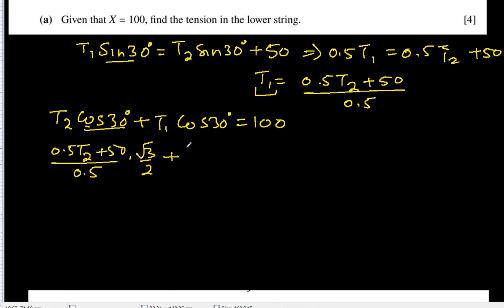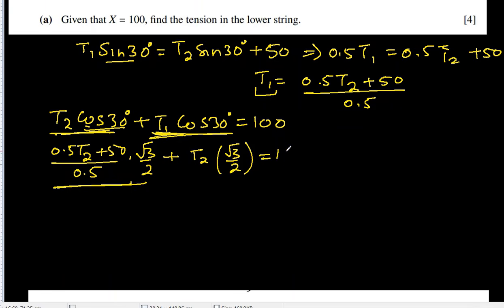plus T2. Both are cos 30. Because T1 is here, just assume that this is this part, and I will write this part now, which is T2 multiplied by square root 3 over 2 again, equal to 100.